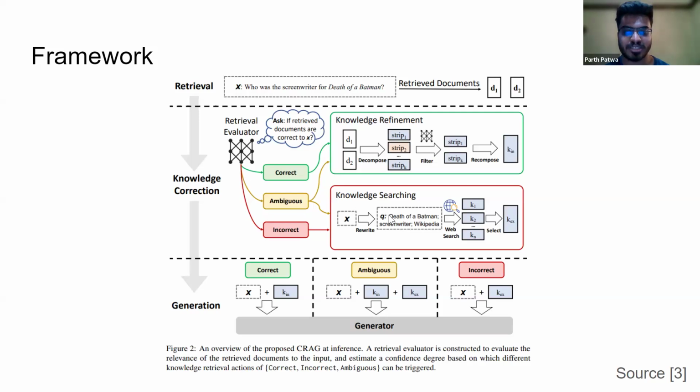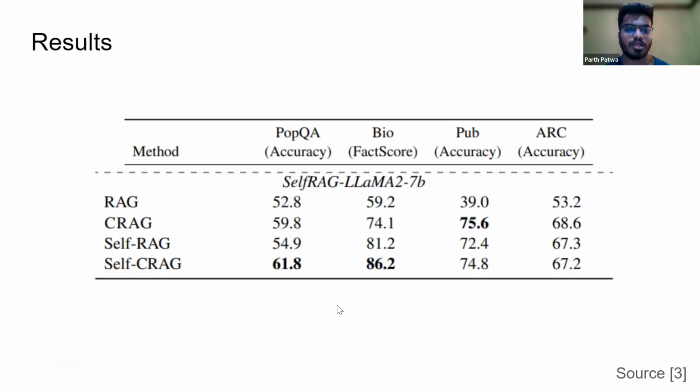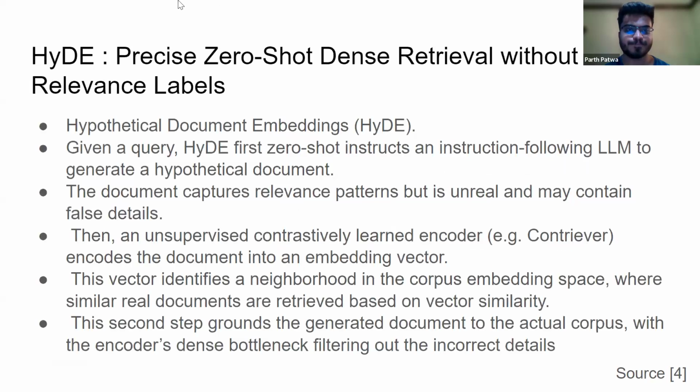For the documents which are ambiguous, we are augmenting them with web search. And for those that are incorrect, we are just giving the web search. So the generator takes everything, the correct documents, ambiguous documents, and the web search, to finally generate the response. So that was CRAG. And then we have a couple more papers on this.